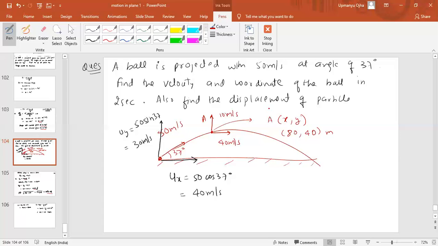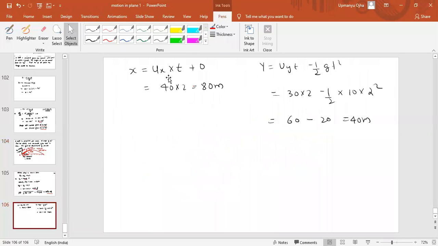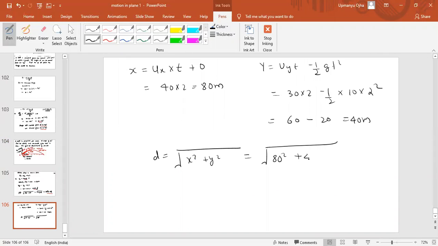In 2 seconds, now what is the displacement of the particle? To find the displacement, this is the final position after 2 seconds and this is the initial position. Displacement is the straight line joining A and B. We can take it as d. This would be the y coordinate, this would be the x coordinate. So displacement d will be equal to the square root of x square plus y square, which is the square root of 80 square plus 40 square.